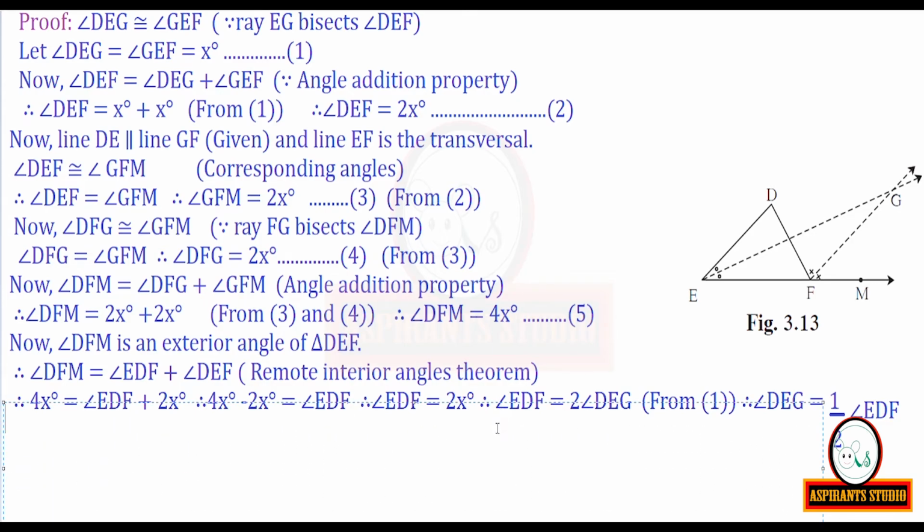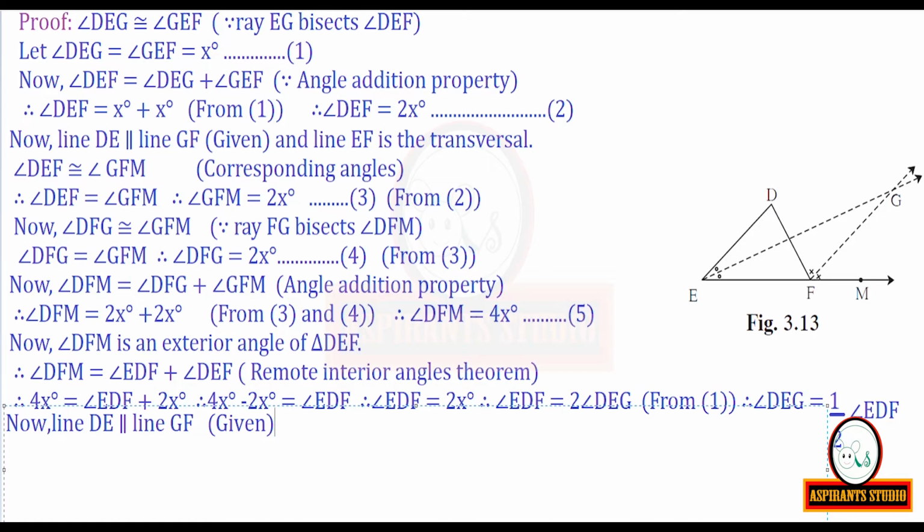So you can use the alternate angles theorem. When the lines are parallel, the alternate angles formed are congruent. So now here, angle DEG and angle FGE, look at the figure, are alternate angles. So you get angle DEG is congruent to angle FGE.